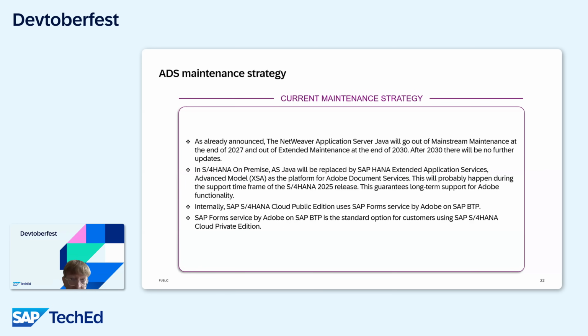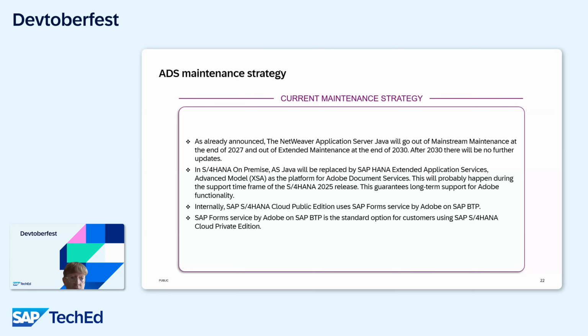Now, as far as the timing's concerned, it'll probably happen during the support timeframe of S/4HANA 2025. That doesn't mean the year 2025. It'll probably be later than that, but during that release timescale. And basically, it guarantees there'll be long-term support for Adobe functionality on premise.